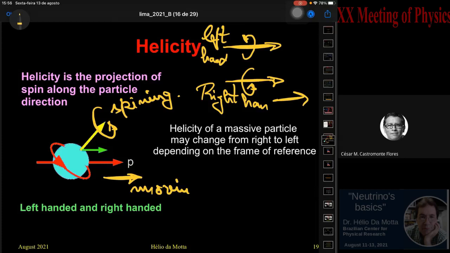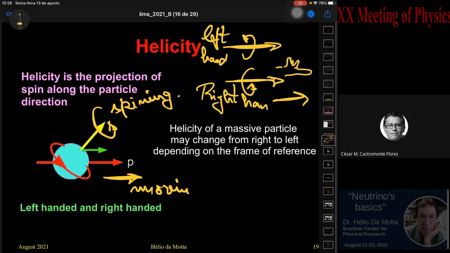If you have your thumb pointing in the direction of movement, and then the other fingers going around, the one at the bottom is your right hand. The right thumb is pointing in the direction, and the other four fingers go around as the particle is spinning. The one at the top is the other way around.